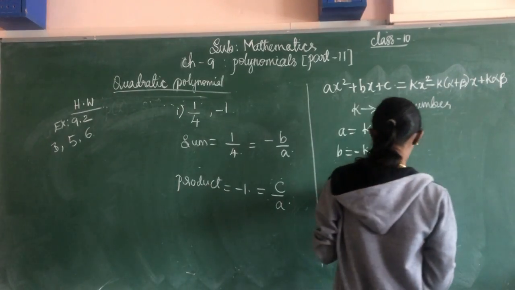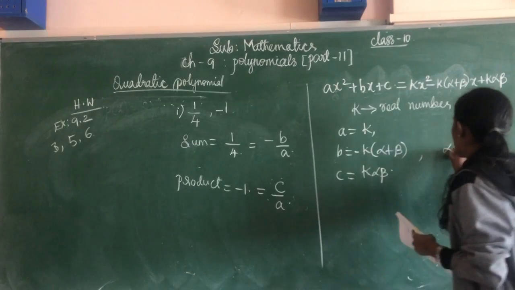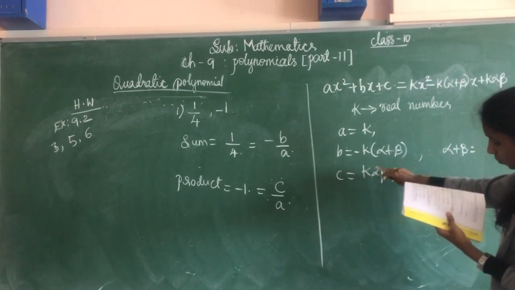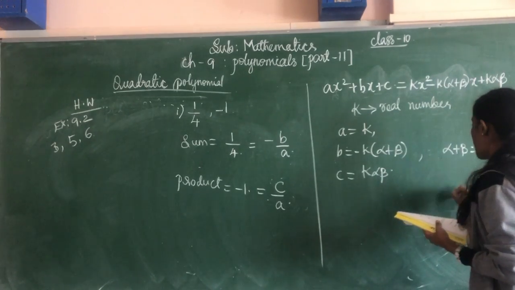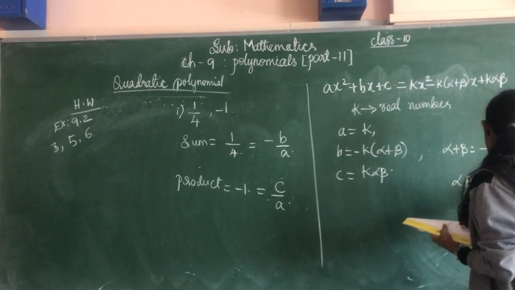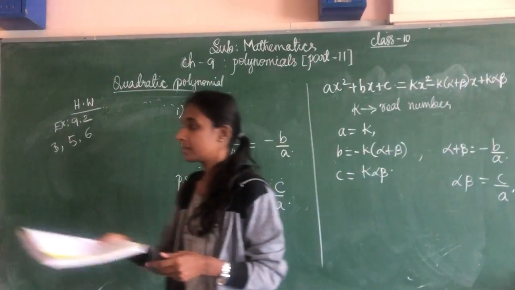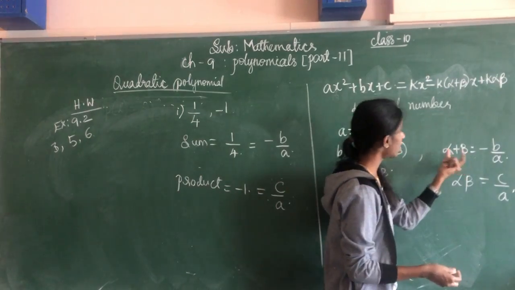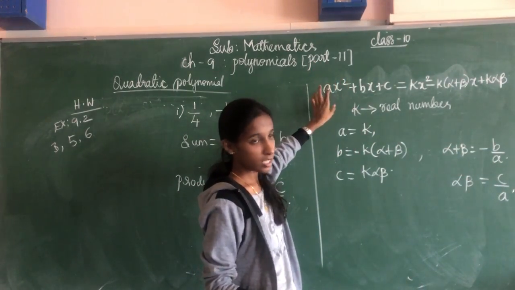So from this, alpha plus beta is minus b by a and alpha into beta is equal to c by a. Say ax square plus bx plus c is equal to 0.